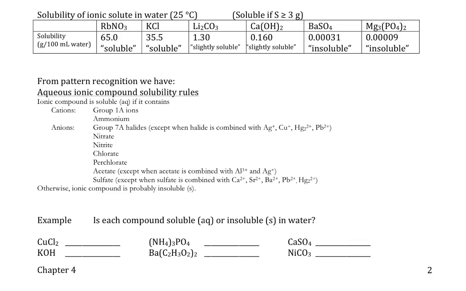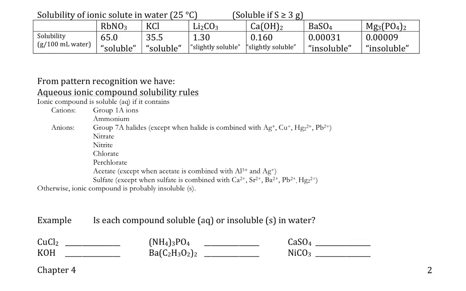So a lot, we call that soluble. It would become aqueous. KCl, 35.5 grams per 100 mLs of water, it is soluble. The lithium carbonate, Li2CO3, not as much will dissolve, 1.30. Some will dissolve, certainly, but not a lot. We could call that soluble, but to be more descriptive, we might call it only slightly soluble.